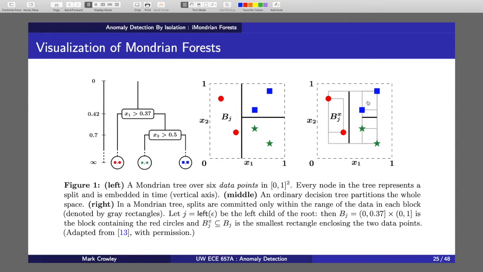So they only commit to saying, I think there's squares in this space that I've seen, but I'm not committing to what's out here, or anywhere that we haven't seen already. So it has min and max on everything rather than just less than or greater than, like decision trees do. And that means that when it gets new data, it can actually decide where this goes by expanding the tree and doing a little reorganizing, right?